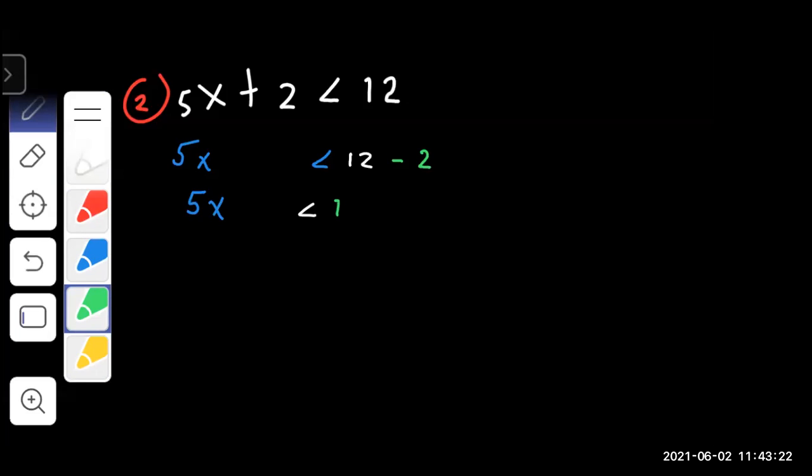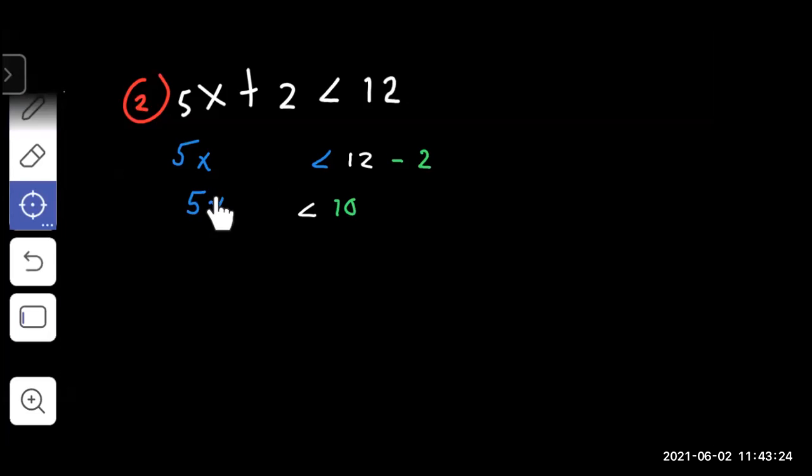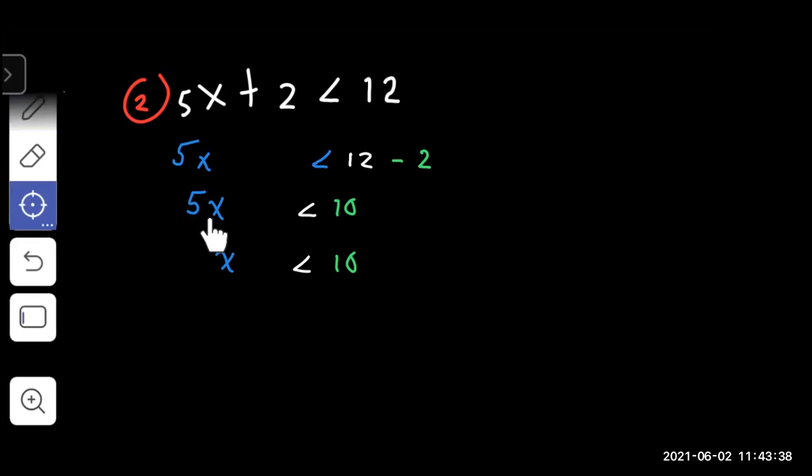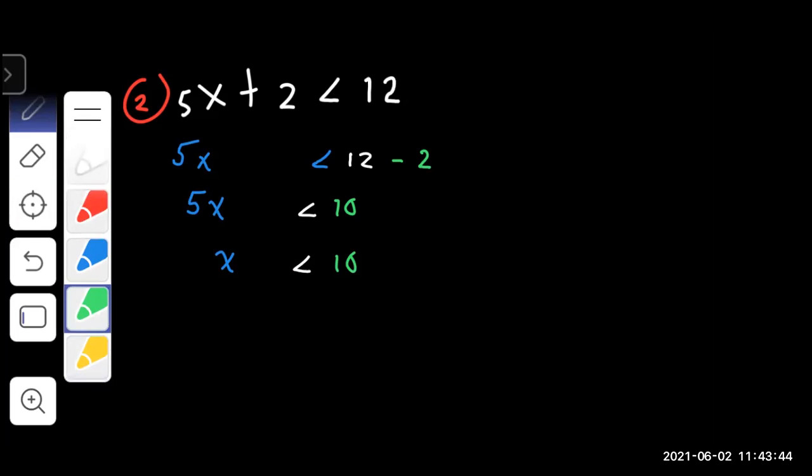10. This looks way simpler, but x is not alone yet. I have 5 multiplying. How do I get rid of that 5? We change it to the other side in division, and I divide with the same sign. We only change the sign when it is addition or subtraction: if it is negative, we convert to positive; if it is positive, we convert to negative.